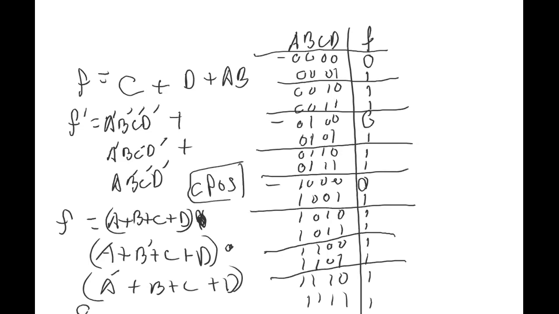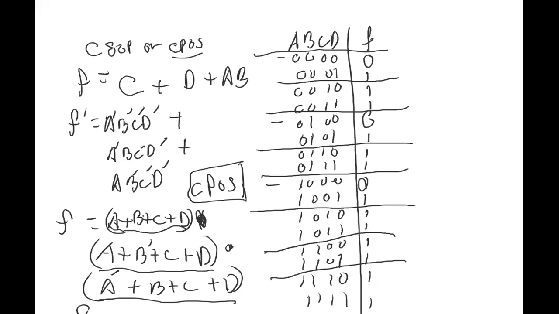And the canonical product of sums is interesting because it has every single literal in each one of the sum terms. So this is a sum term, and they're all being multiplied together, and that's why we call it a product of sums.